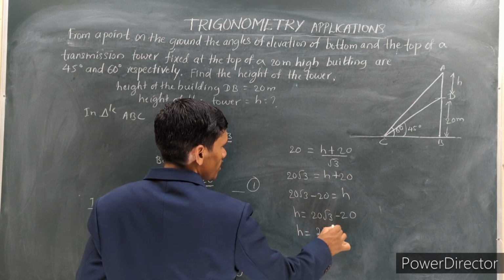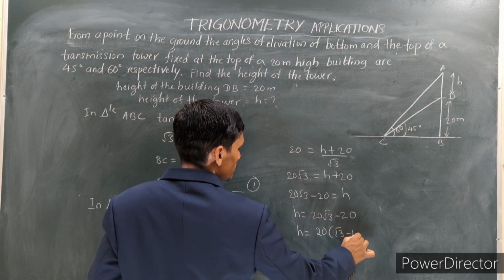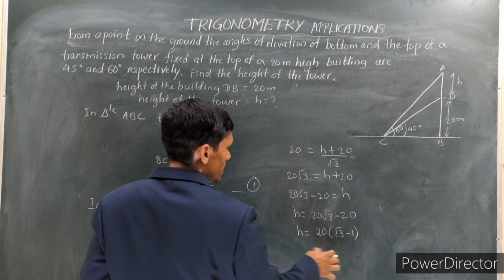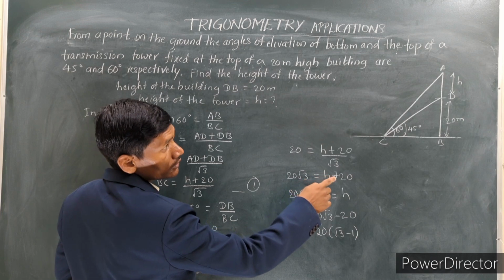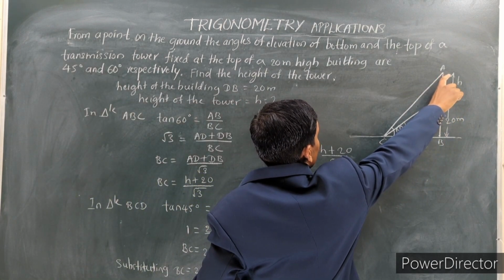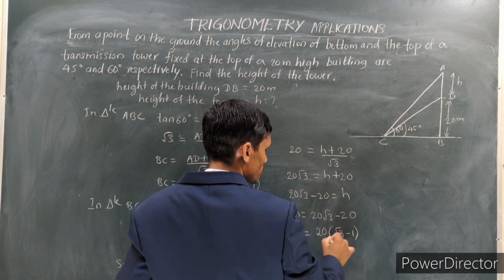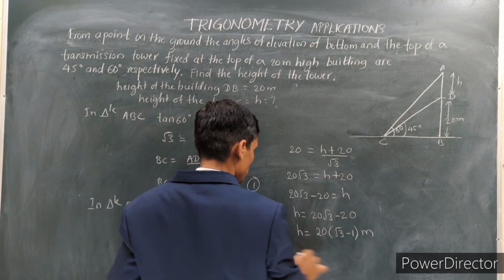So 20 you take common. Inside the bracket what remains? Root 3 minus 1. So what is the height of the building? Not building, what is the height of that transmission tower? That is H is 20 into the bracket root 3 minus 1 meter.